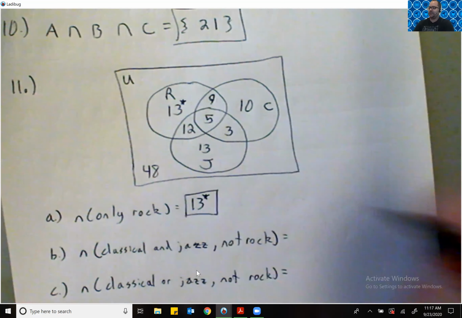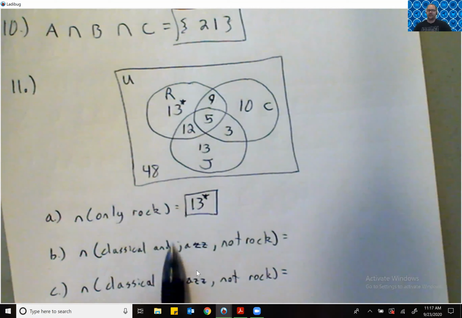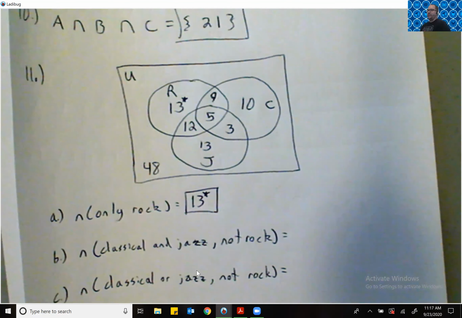Now, this next one. What does the word and symbolize for us in a Venn diagram? It represents one of those symbols that we were using earlier. Is it union, intersection, or complement?